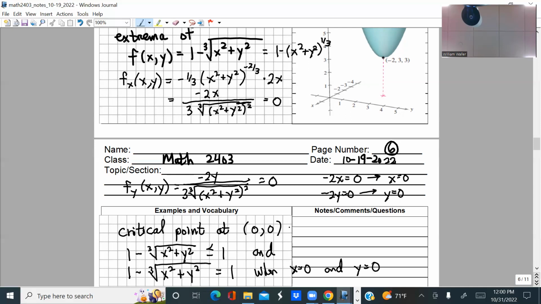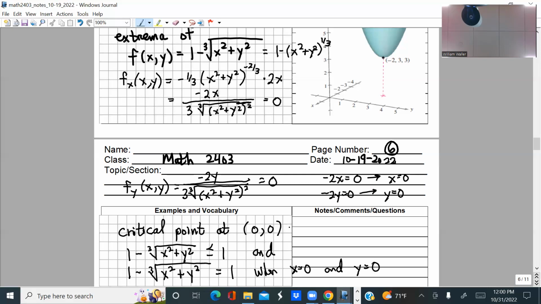So what does that mean about this critical point? That is an extremum. What sort of extremum is that? Minimum? No. We said this quantity is always less than or equal to 1, and it's only equal to 1 at the critical point. So it's a maximum.